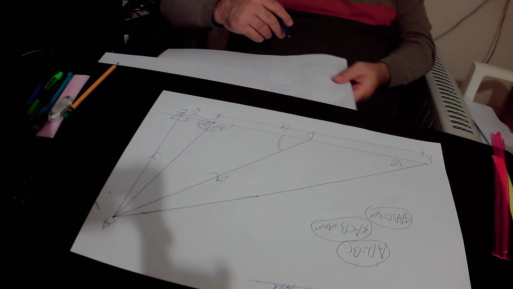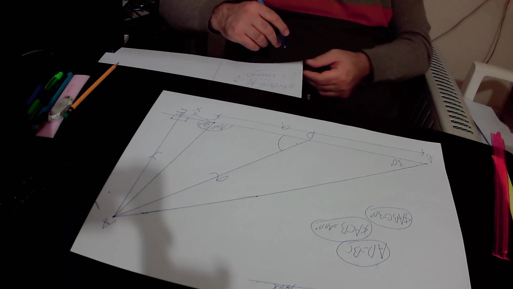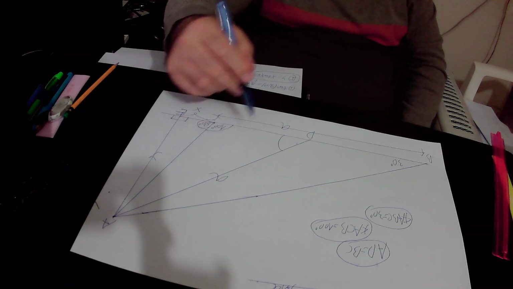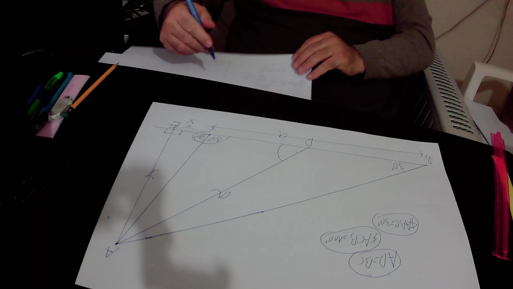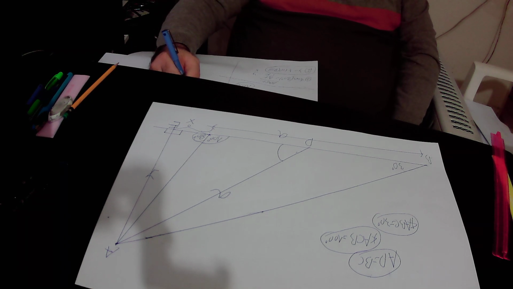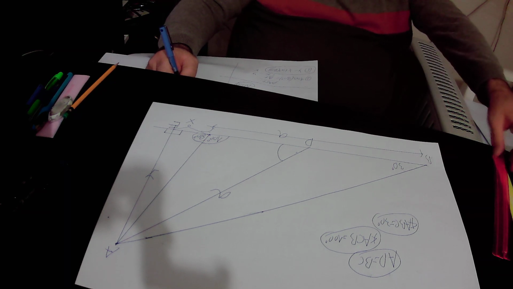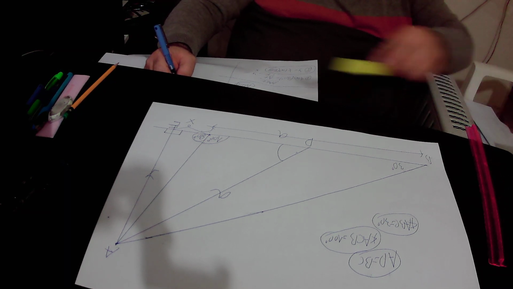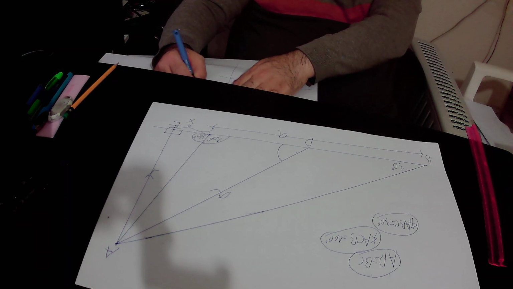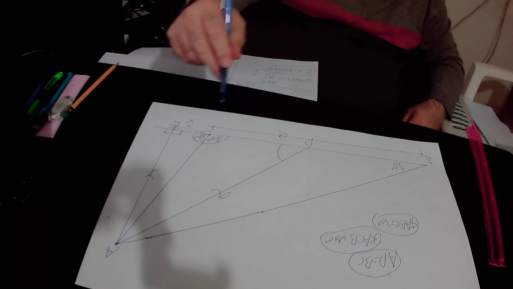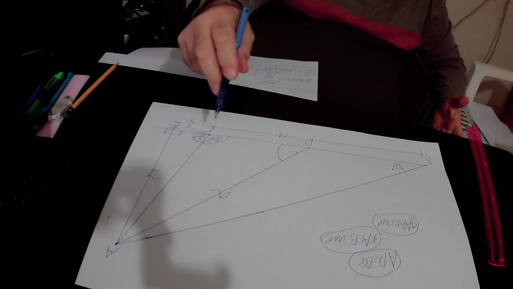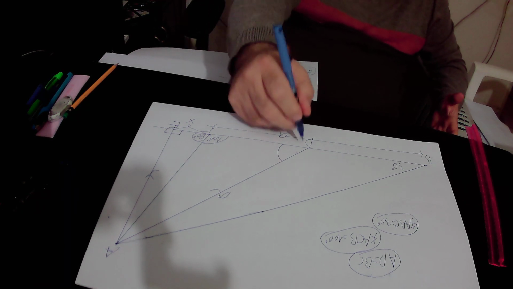In the next step, we'll focus on triangle ADE, the right triangle, triangle ADE. On the right triangle ADE, we will define angle ADE or ADC as angle theta.